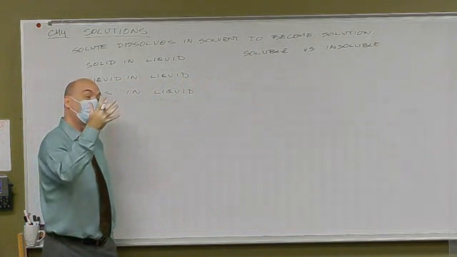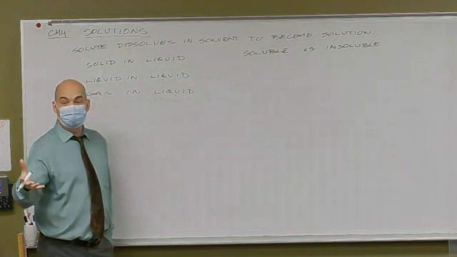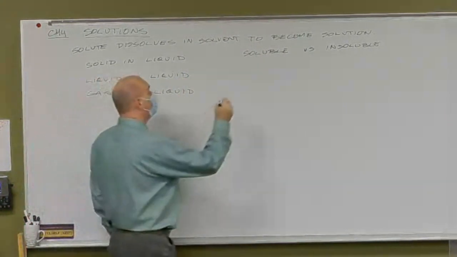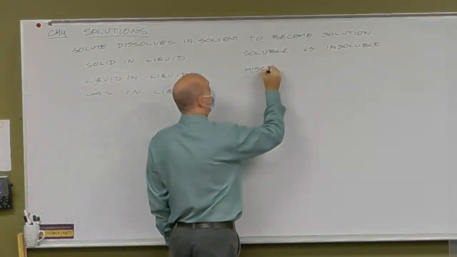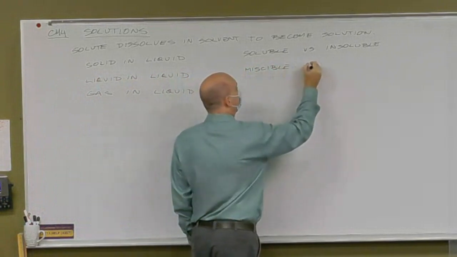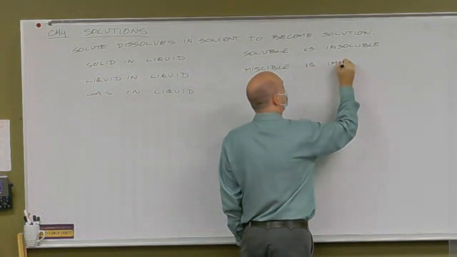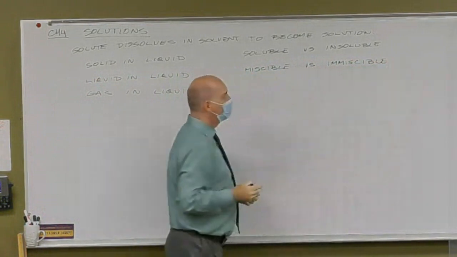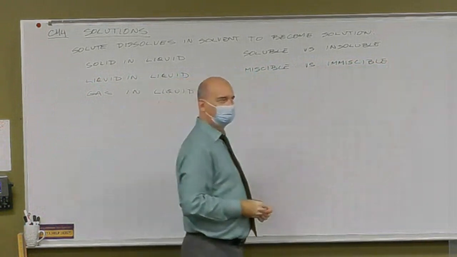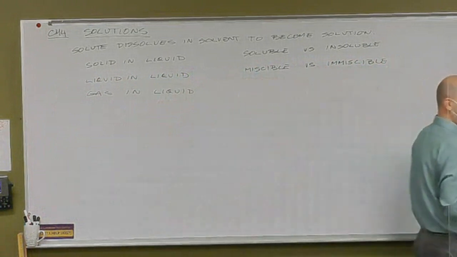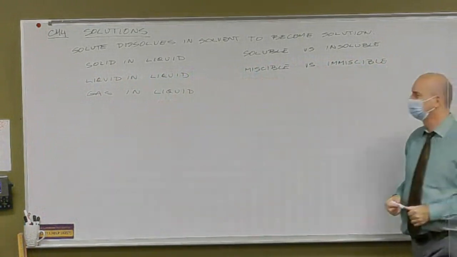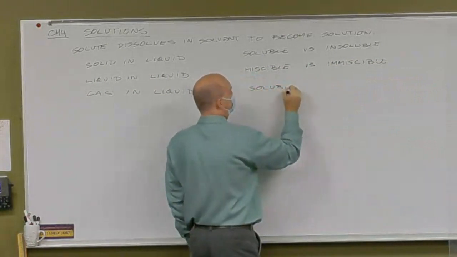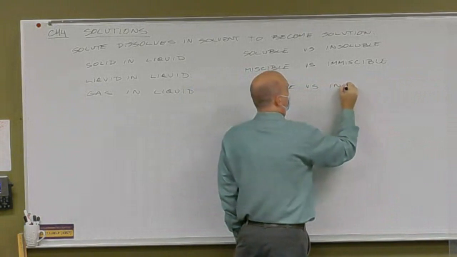If you said that alcohol was soluble in water, everyone would understand what you meant and we'd be okay with it. But there is a special word. Miscible versus immiscible. And I think I'm spelling that right, putting two M's up front. I think so. And then we go back to being soluble or insoluble.